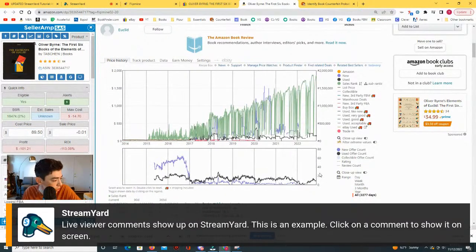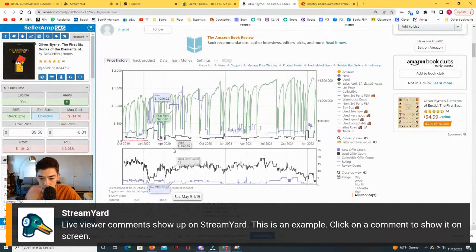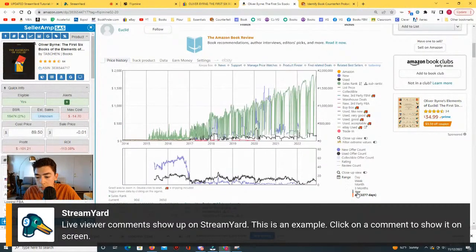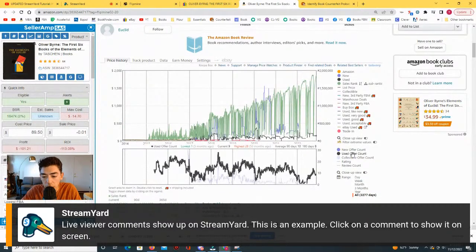Let's go back and look a little bit further back into the listing. Looks like it does have a history of selling for over $100. And if we look at the used offer count, which is on the bottom here, you actually see that historically the used offer count is lower than normal.